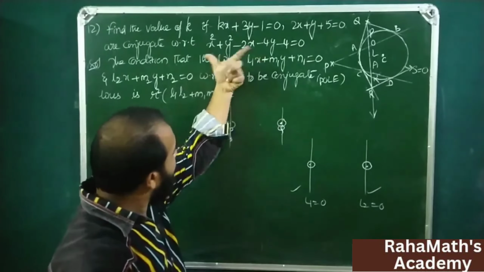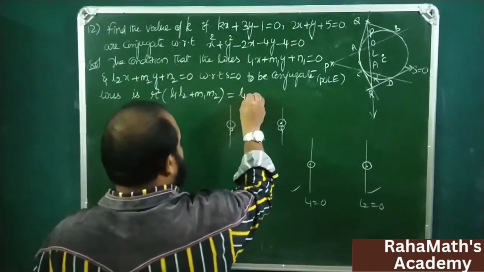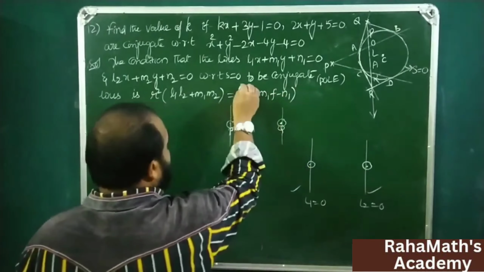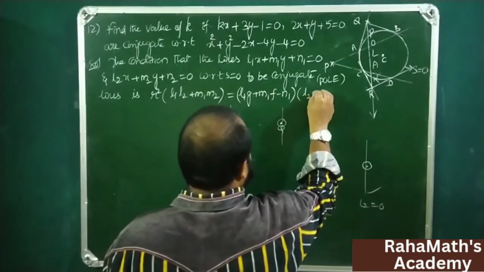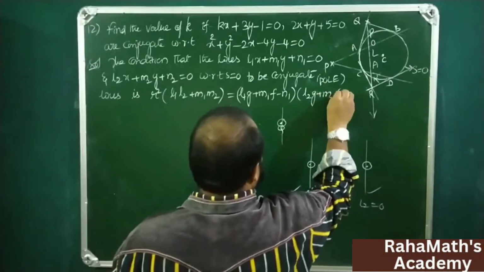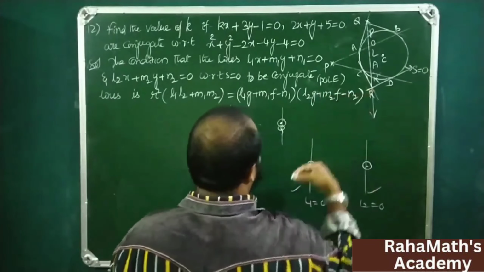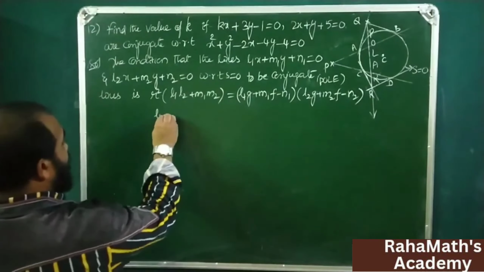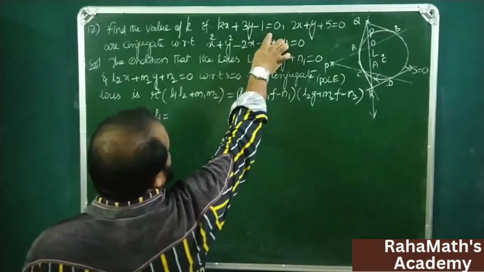But since this is a general equation of a circle, the condition is (L1 g plus M1 f minus N1) into (L2 g plus M2 f minus N2).